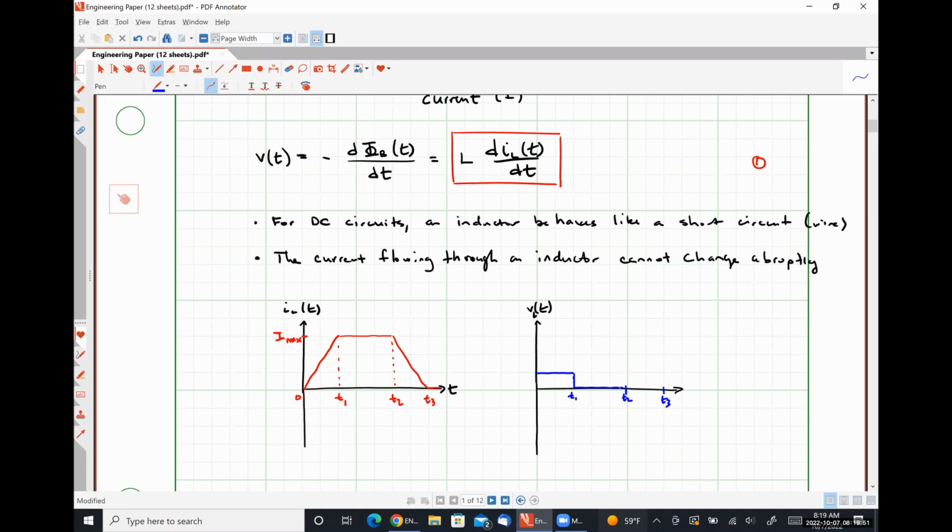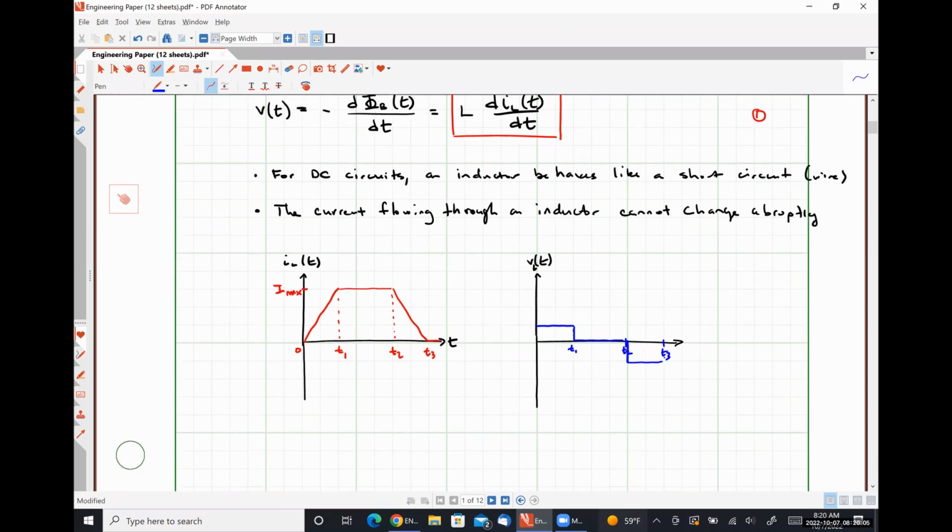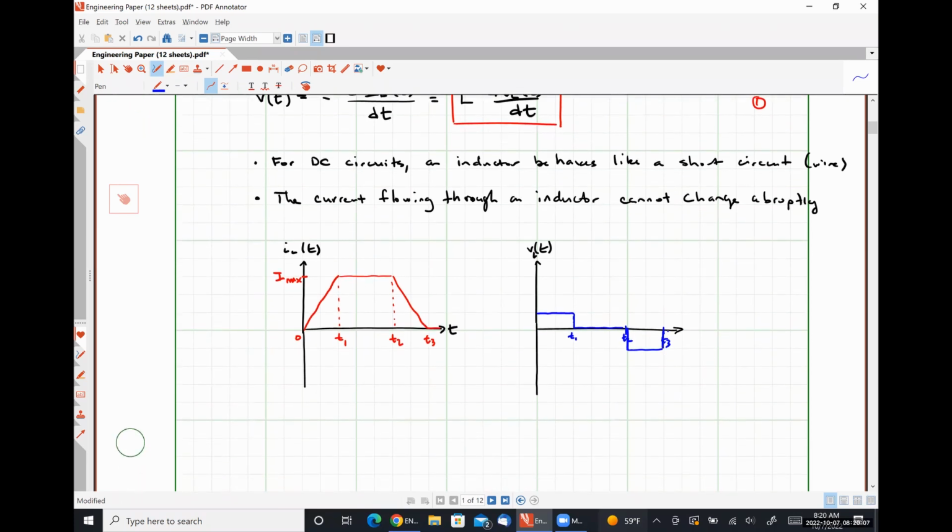Over the interval from T2 to T3, our slope is negative. And so we're going to get a negative voltage. So let's graphically represent it with something like this. And then for time greater than T3, since we have a constant value of the current, we have a 0 value of the voltage. Okay.